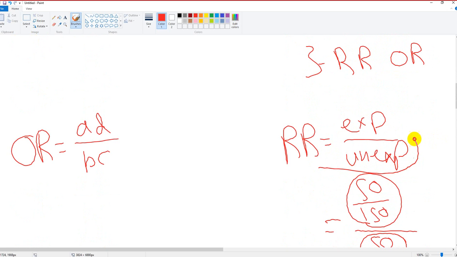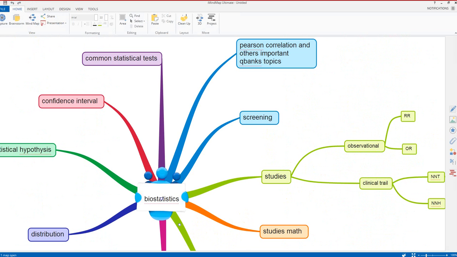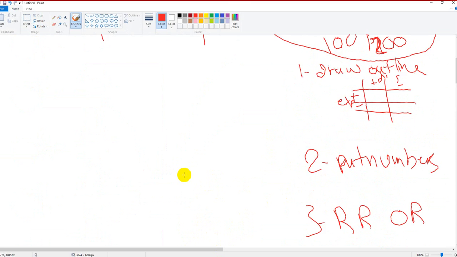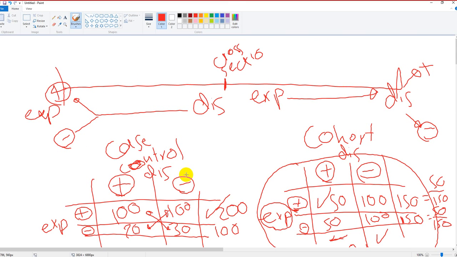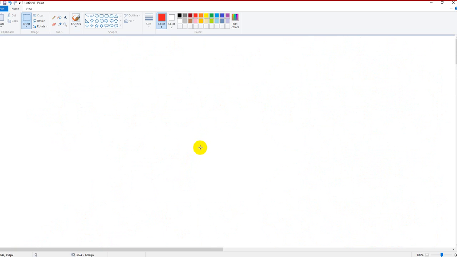Got it. The exposed over unexposed, right? We will review them one more time later, okay? Sure. Okay, now for now it's pretty easy, right? Yeah, it is easy. Okay, that's perfect. Now we should be able to answer any question that comes about those topics, right? Yes.